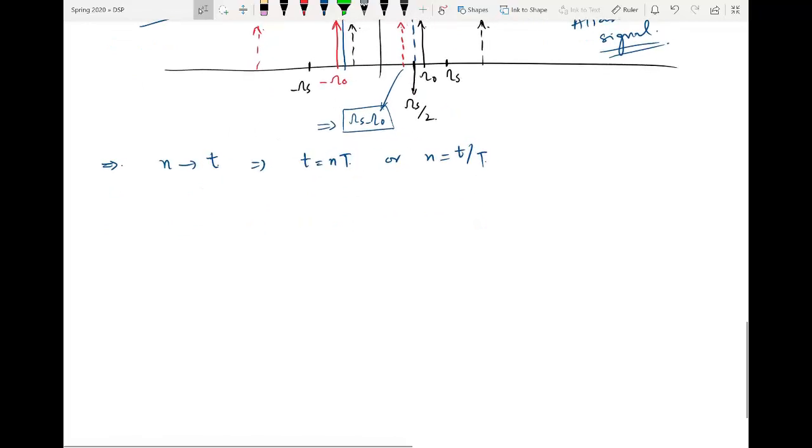To understand this concept, let us write the expression for xs of t again here.